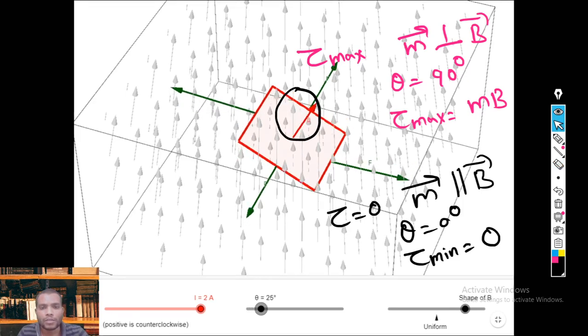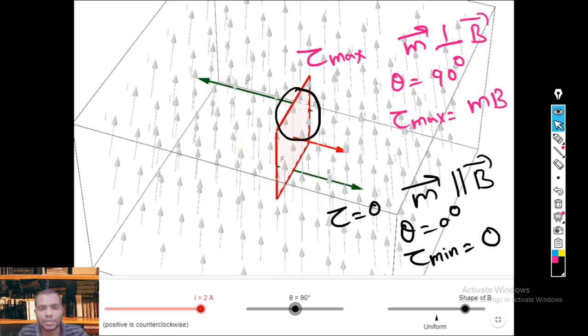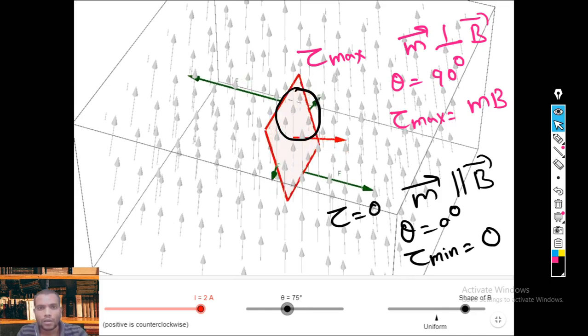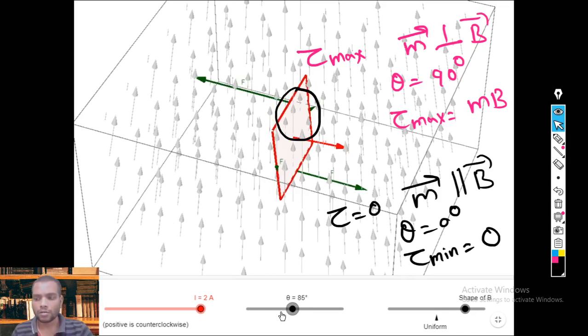But when the coil is rotated to an angle of 90 degrees, the magnetic moment is perpendicular to the magnetic field vector, and it contributes a net torque. Yes, this is all about the torque on a current loop in a uniform magnetic field.